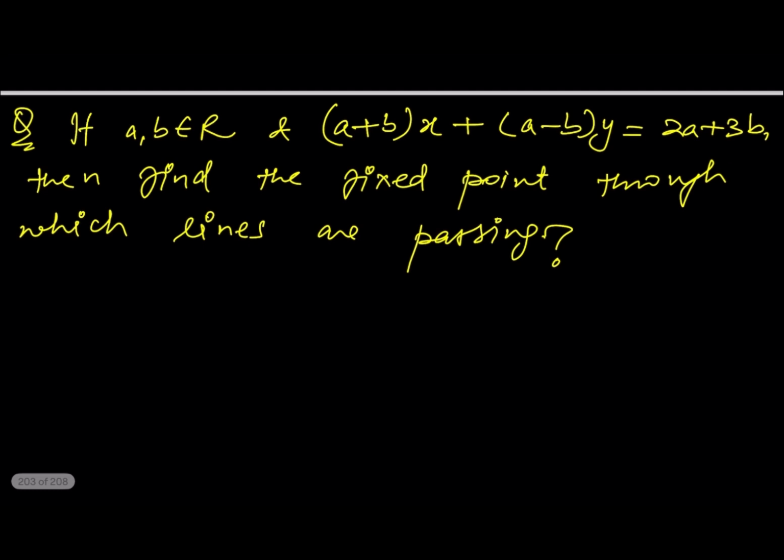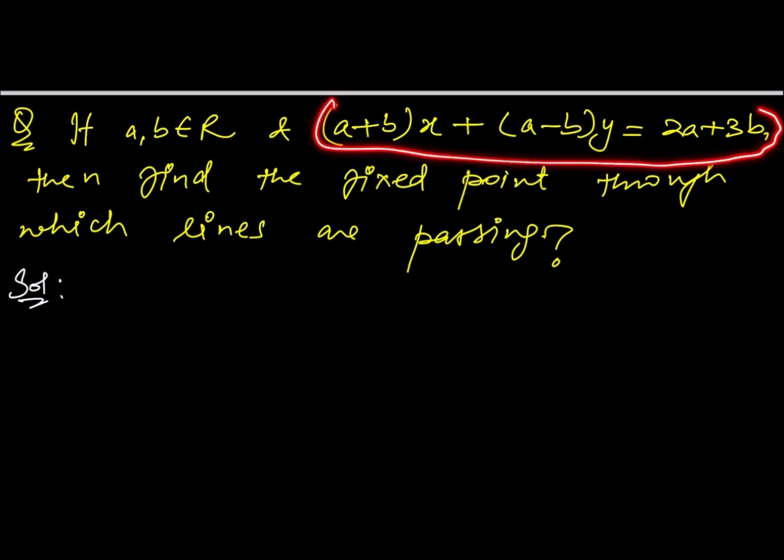For finding that fixed point, I have to make the picture L1 plus lambda L2 type. From the given equation, I have to make an L1 plus lambda L2 type picture.